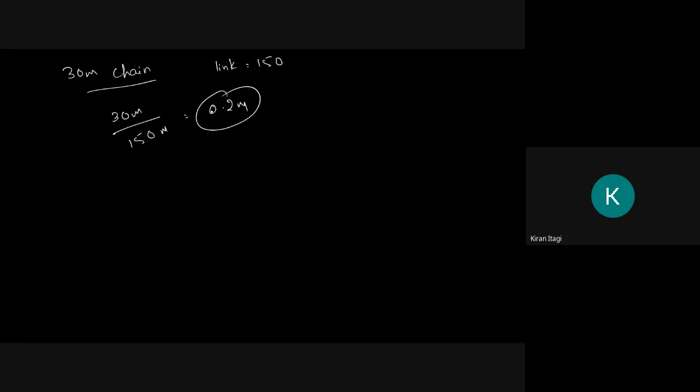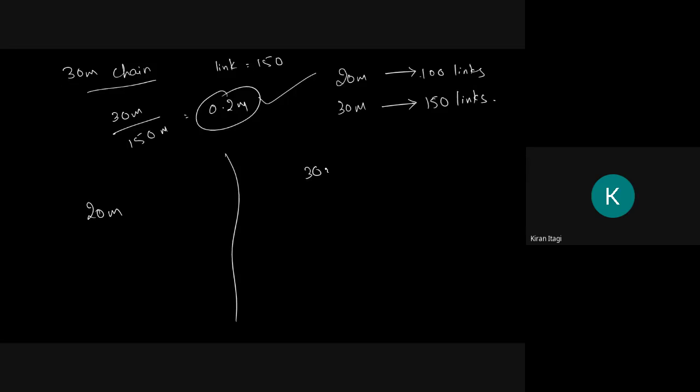So here also the link will be 0.2 meter. In a 20 meter chain, how many links will be there? 100 links will be there. In a 30 meter chain, how many links will be there? There will be 150 links. Write it down: for 20 meter, 100 links; here it is 150 links. Links means like this.